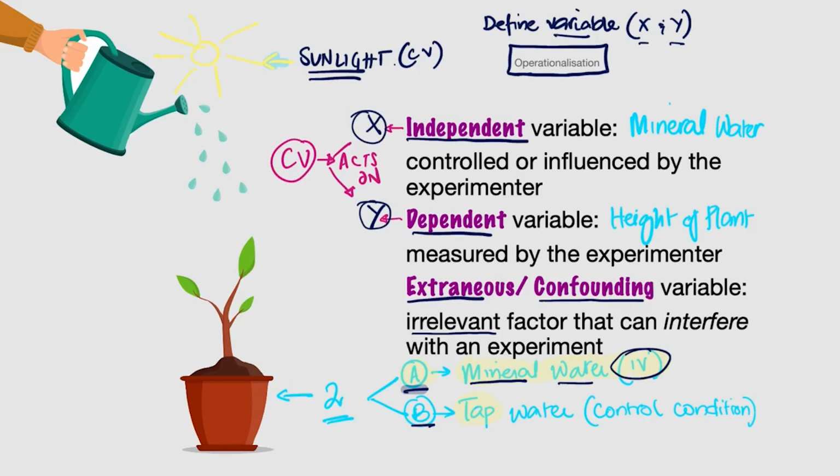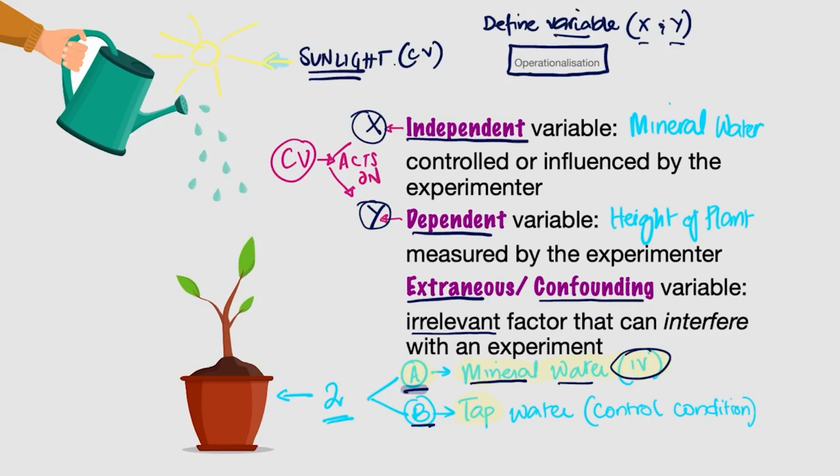And so in any kind of experimental design, the key things you got to remember are you'll always have an independent variable which should be operationalized in your hypothesis. You will also have a dependent variable also should be operationalized in your hypothesis.